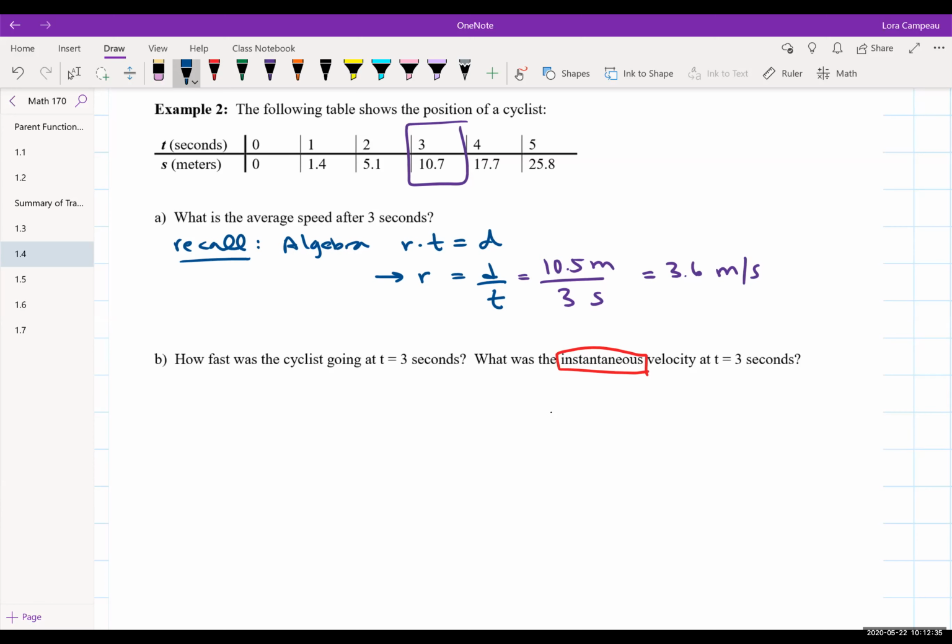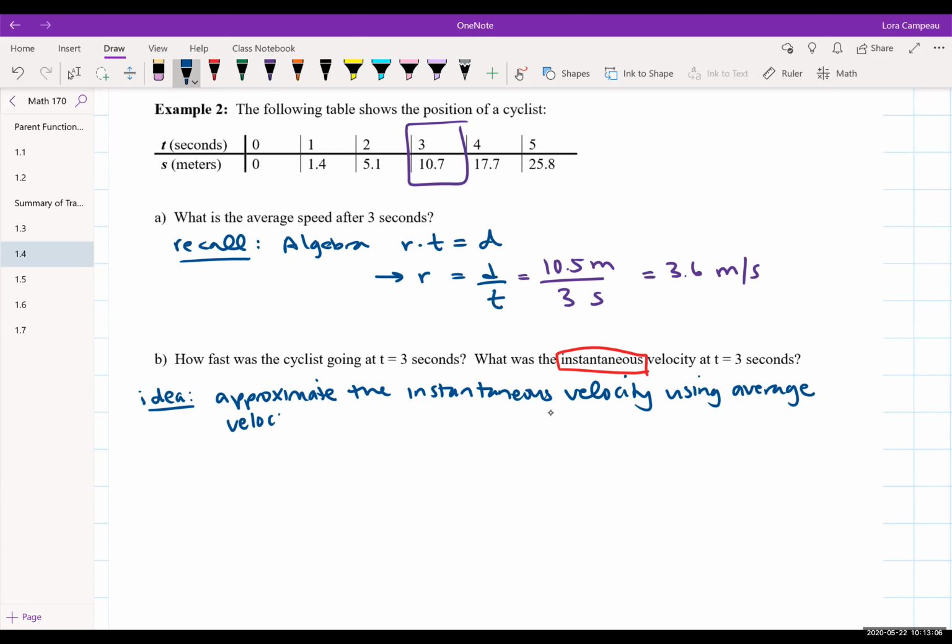The idea to talk about instantaneous velocity, and I'll write this down, is that we want to approximate the instantaneous velocity using average velocity from the data we have.